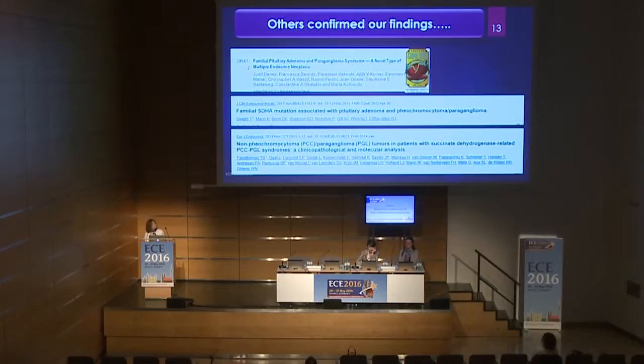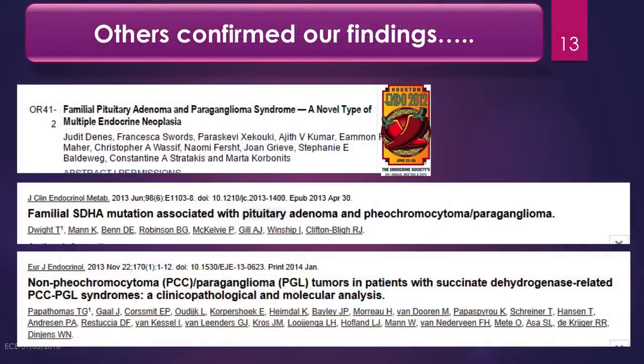Then, at the end of 2012, the Korbonits group from Barts in London presented similar cases, and they showed that indeed there was an association, and the next year other reports in the literature followed.